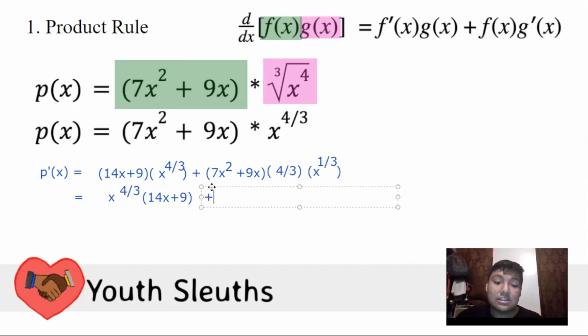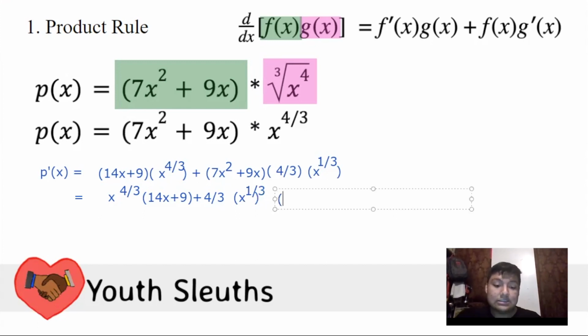And for this one it isn't a matter of preference, but it's necessary. The constant needs to go in the front. So on this one, the constant would be 4/3, and then we'd have x to the power of 1/3, and then we multiply 7x squared plus 9x.